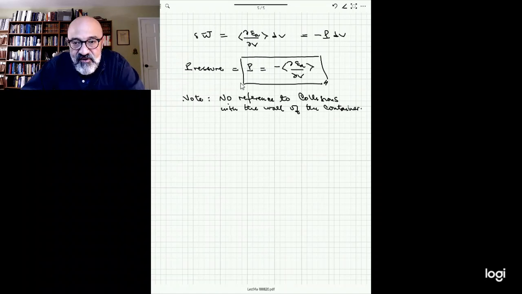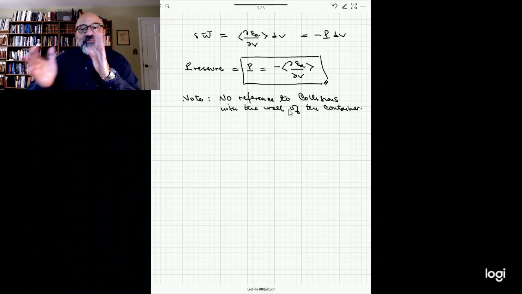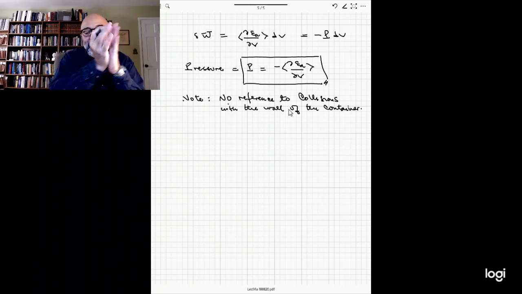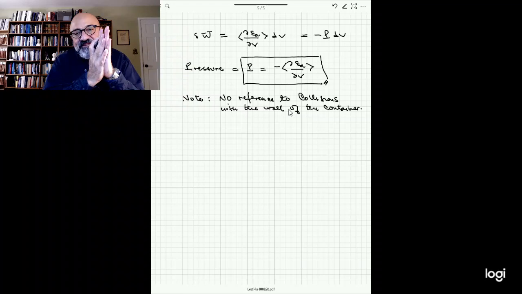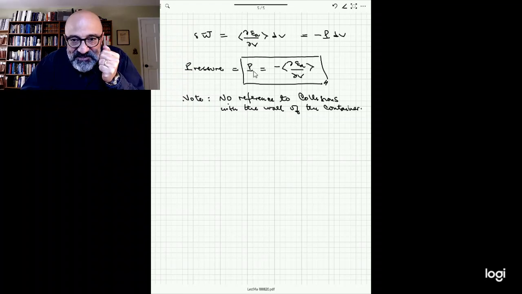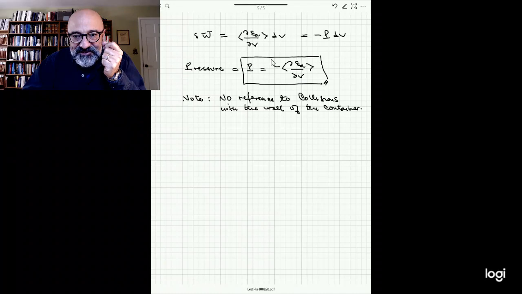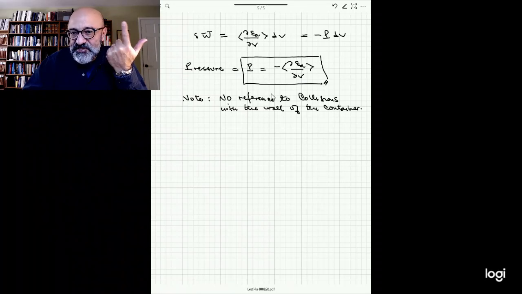Now, there is nothing wrong with interpreting pressure as being due to the momentum transferred by molecules that impinge on the wall of the container. Except that once you have an expression that does not mention collisions, you can start conceiving of this formula for the pressure as being something more general.